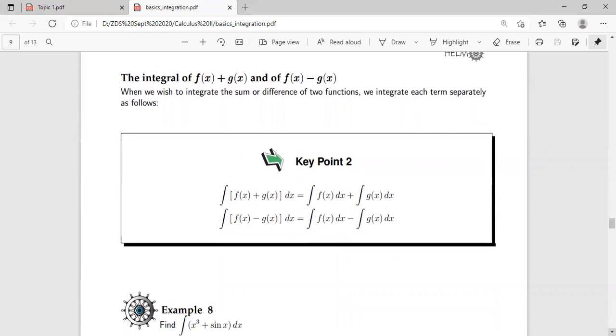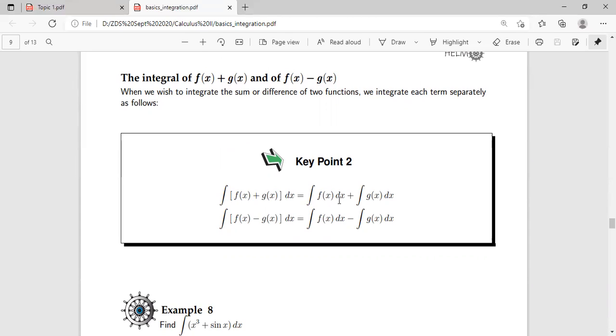Now, if we look at the addition and subtraction, or the sum and difference rule, the same case applies. We have the function f(x) and the function g(x). If we sum them, we work the different functions independently, then amalgamate after that.